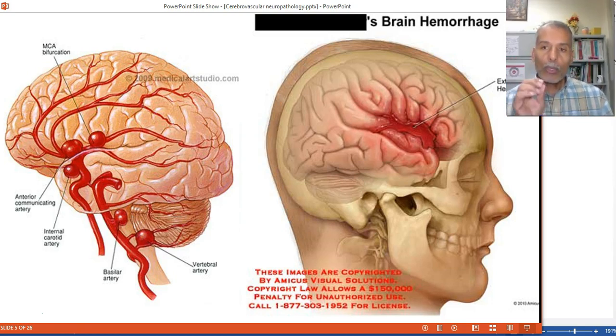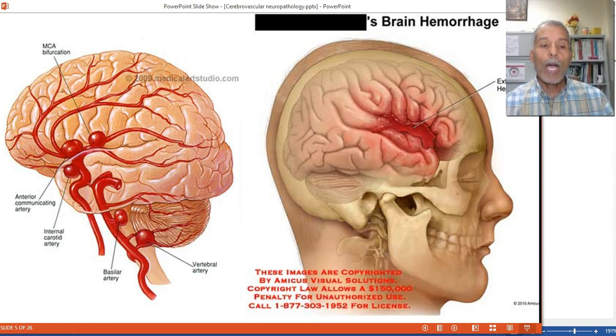That little balloon is going to begin to grow and grow. The more it grows, the thinner the wall becomes, like a balloon. When you blow up a balloon, the wall becomes thinner and thinner until it can't take the pressure anymore and it's going to erupt.